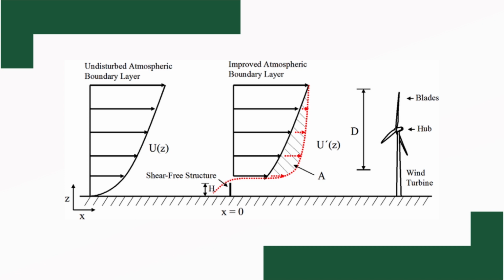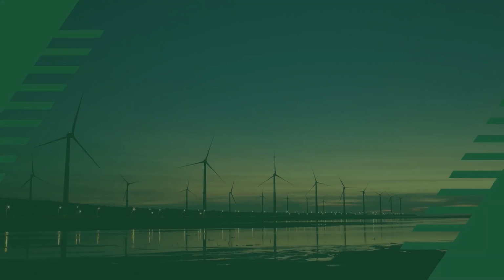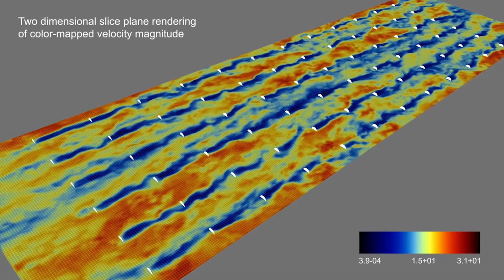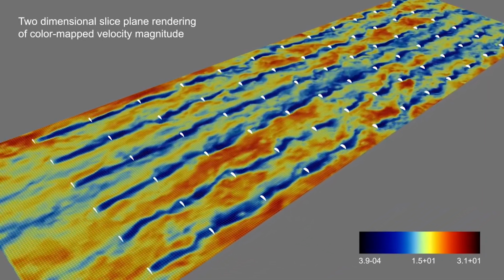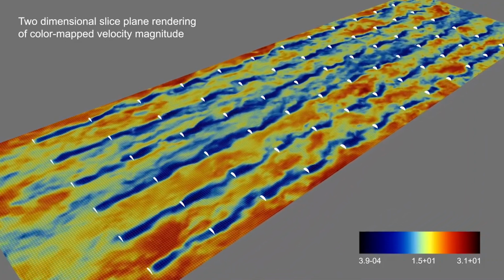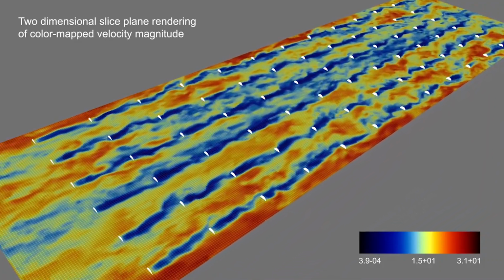Wind shear can also lead to the wake effect, where downstream turbines experience lower wind speeds due to the turbulence created by upstream turbines. Now, here we come across one more important characteristic, that is known as turbulence. Turbulence is an irregular fluctuation in wind speed and direction caused by factors like terrain, buildings, and atmospheric conditions.